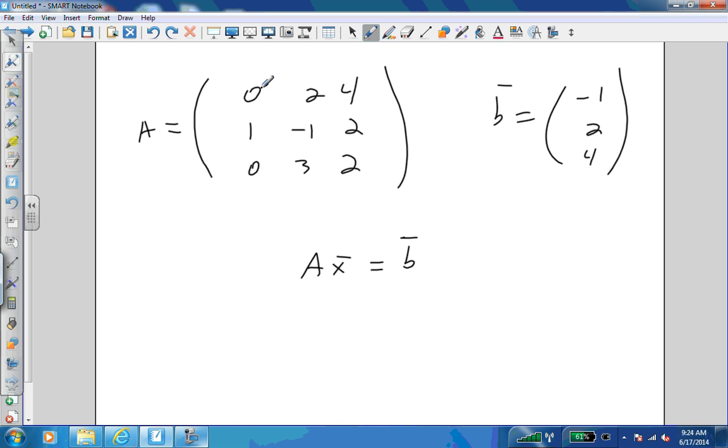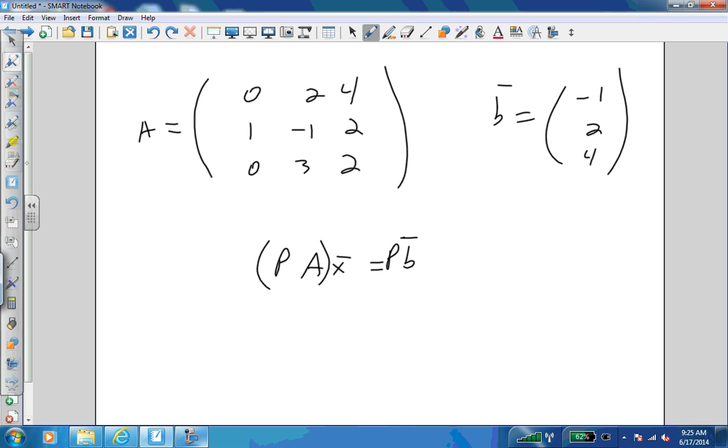Now, we want to eventually use LU factorization to do this, but notice in A, we're going to have to do a permutation. We're going to have to swap these two rows. So we're going to have to do a permutation on A to get it to where we can do LU factorization on A. But notice if we do a permutation on A to keep our equation balanced, we also have to do a permutation on the right side.